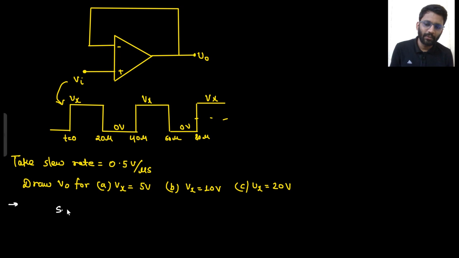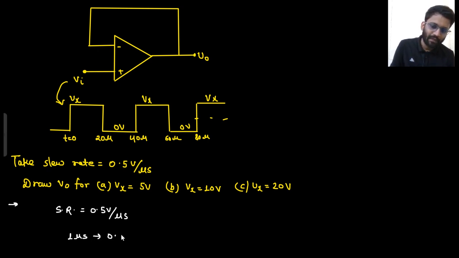So what do I know? My slew rate is 0.5 volt per microsecond. So in 1 microsecond we will gain 0.5 volt. Right? So first is Vx equals 5 volt.